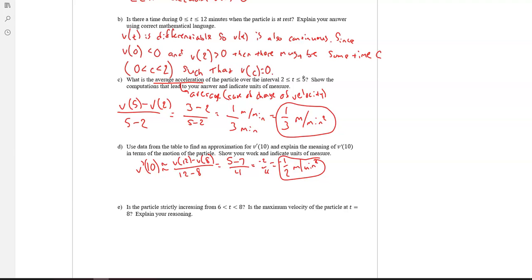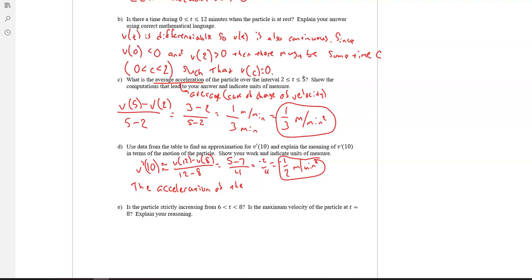There's a couple different ways I could think about it. We could say, for example, the acceleration of the particle. Mr. Wade is talking about acceleration, but it says v prime. Remember, v prime is the derivative of the velocity. And what is the derivative of the velocity? It's the acceleration. So that's why I can talk about acceleration here.